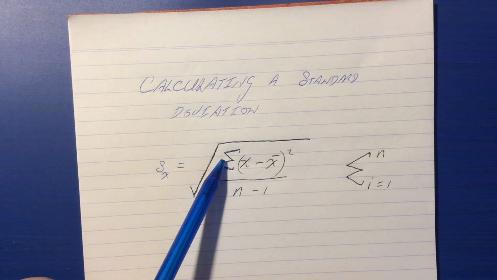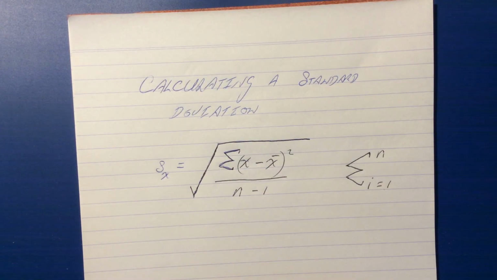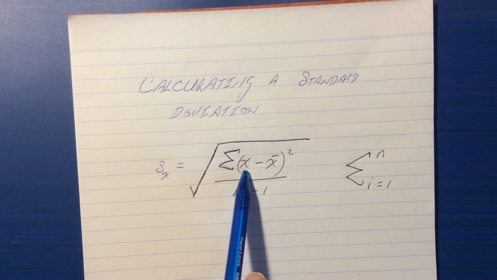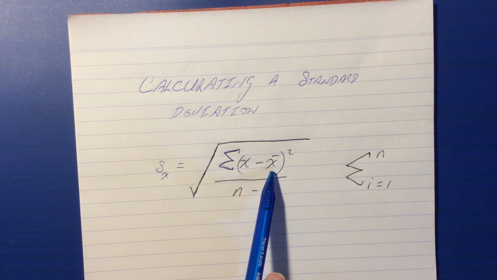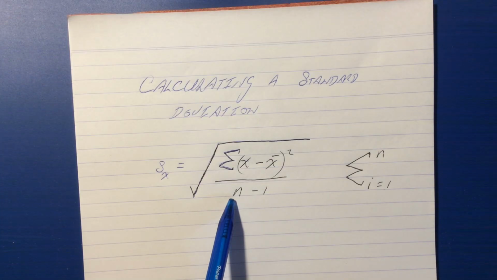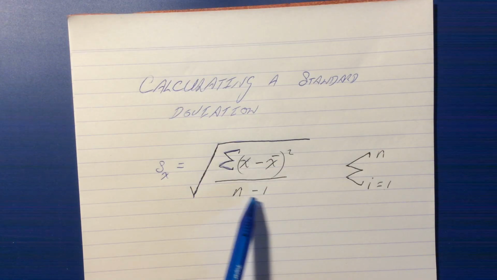This symbol here, sigma, Greek capital sigma, is an abbreviation for the sum of. And what we are finding the sum of is every piece of data with the mean of the data subtracted from it, all squared, divided by the number of pieces of data minus 1.